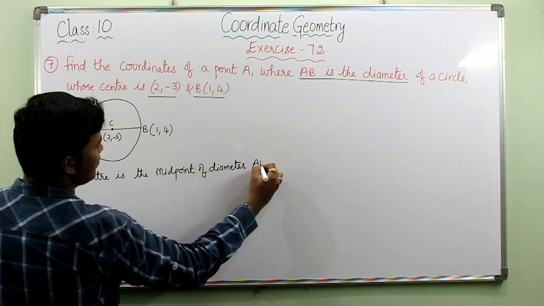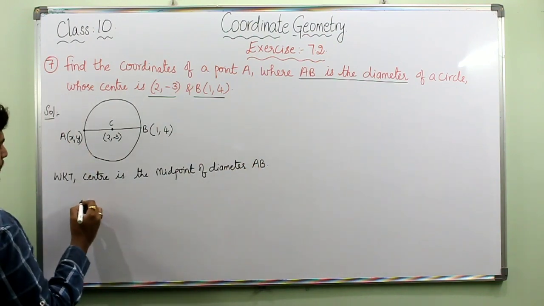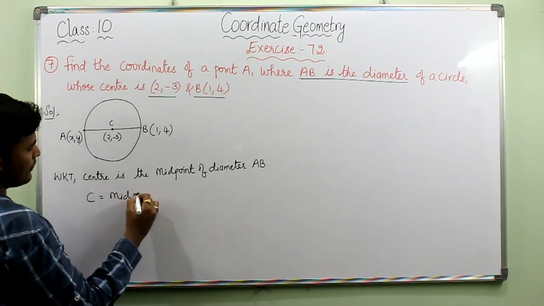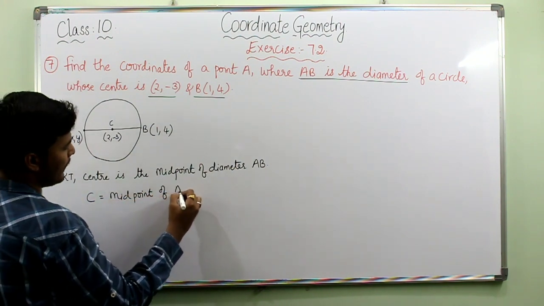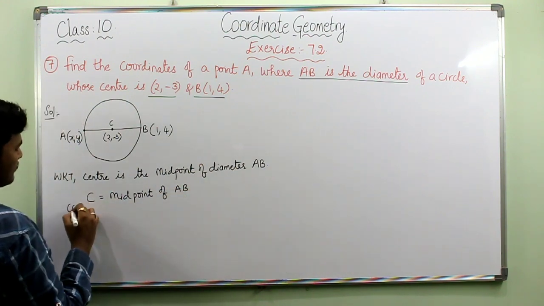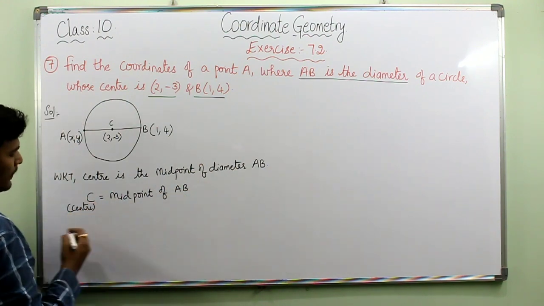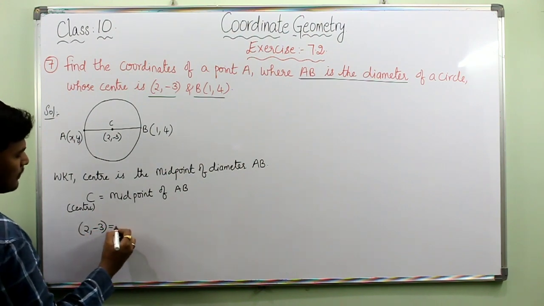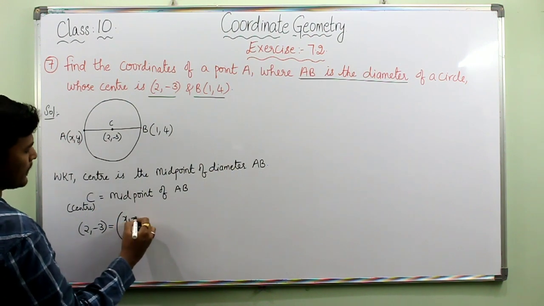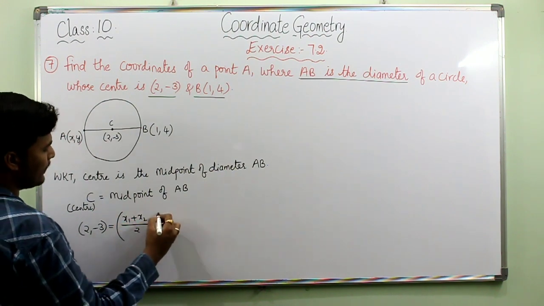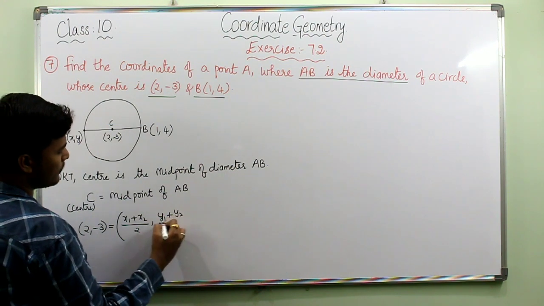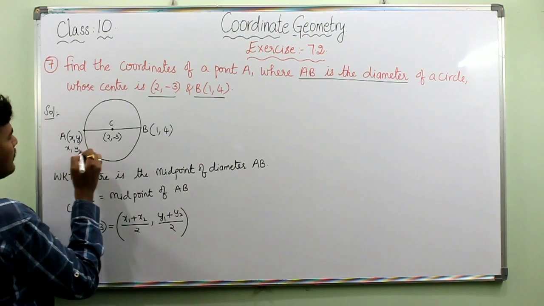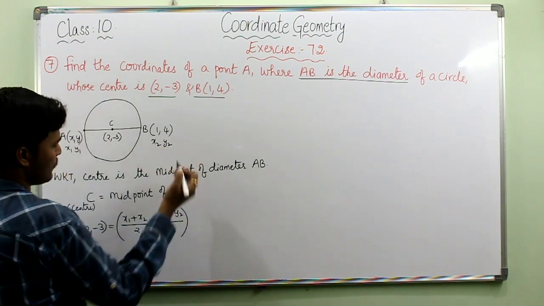That is, C is nothing but the midpoint of AB, and C is the center. So the center given to us, (2, minus 3), is equal to the midpoint formula, ((x1 plus x2) by 2, (y1 plus y2) by 2), where A is x1 y1 and B is x2 y2.